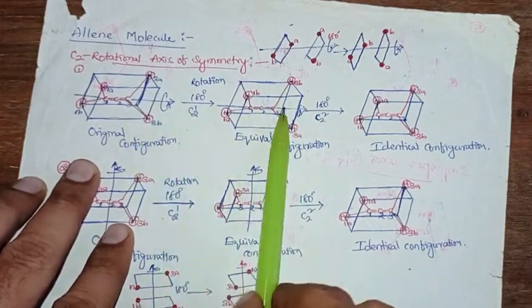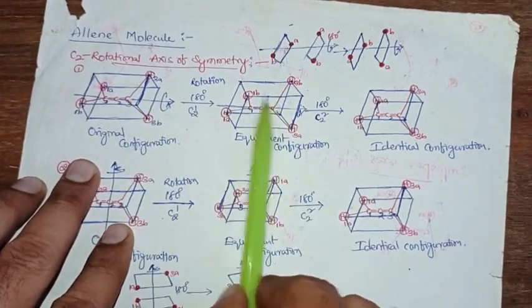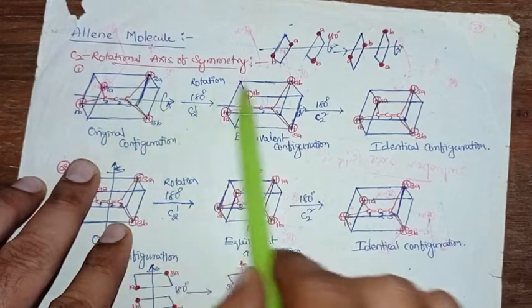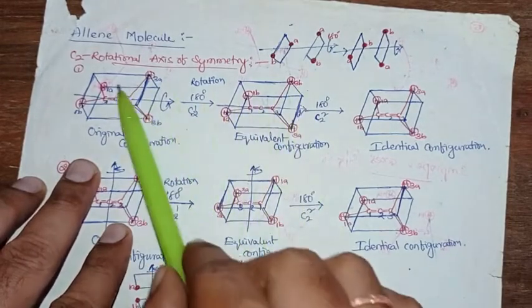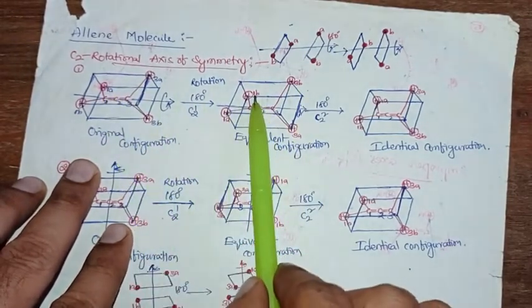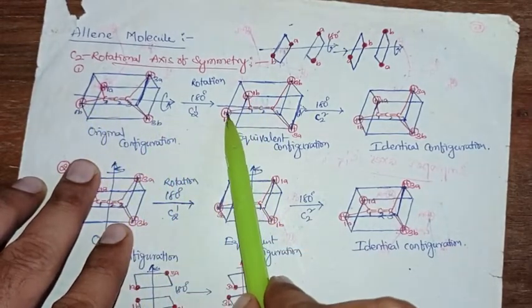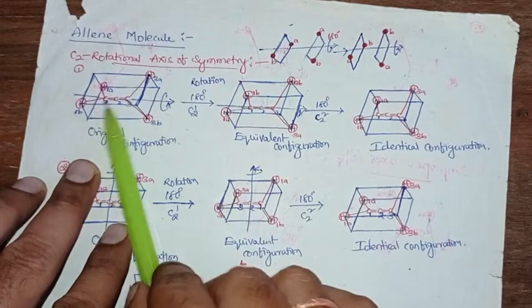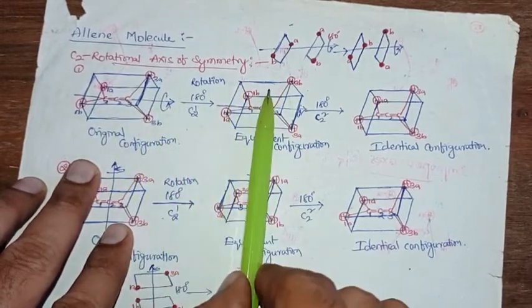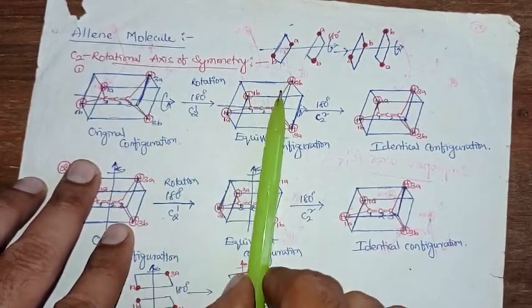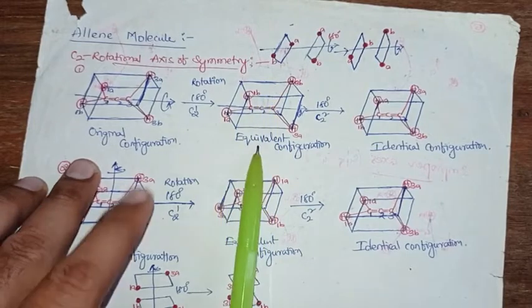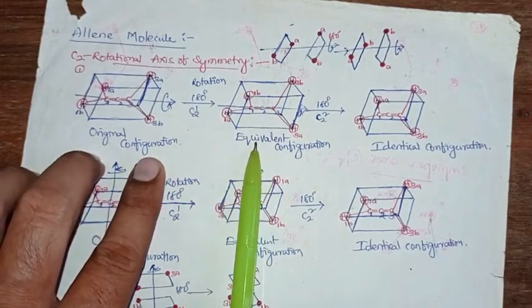So similarities are there, but not 100% equal, since the hydrogen atoms are replaced with each other. H1A is here, here H1B it is, and here it is H1A. Like this, the labeling differentiates these two configurations. Other than that, the similarities are the same. So this configuration is called equivalent.